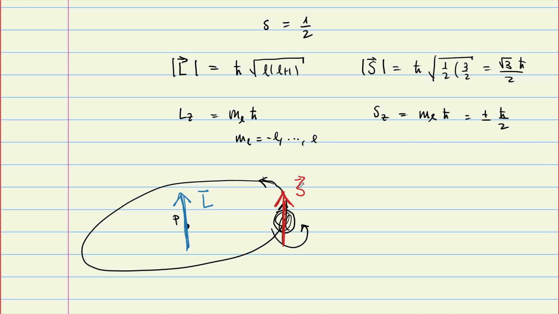However, there are many problems with this kind of classical picture. So like anything rotating, whether it is rotating around its own axis or it's rotating around something else, it is an angular momentum, right?